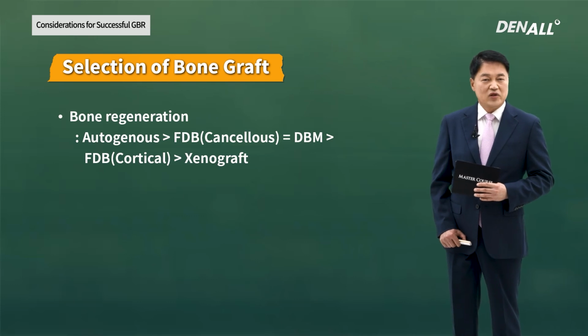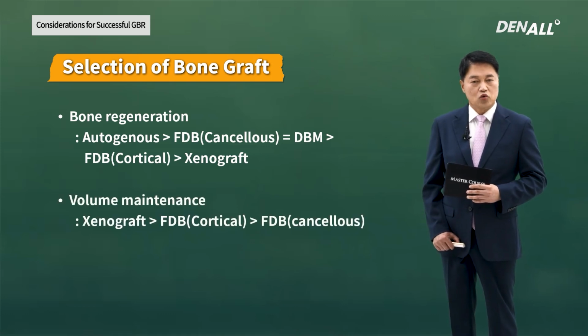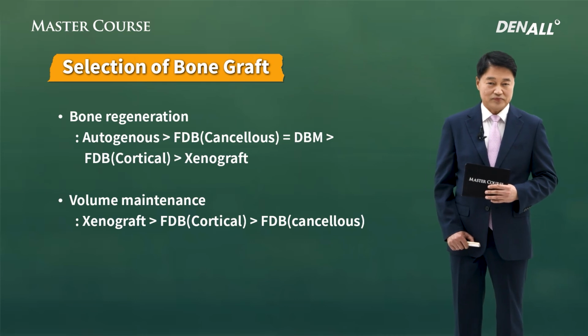In terms of bone regeneration, autogenous bone is good, and xenograft lacks efficiency. However, in terms of maintenance, xenograft and synthetic material are better, and autogenous bone and allograft fall behind.